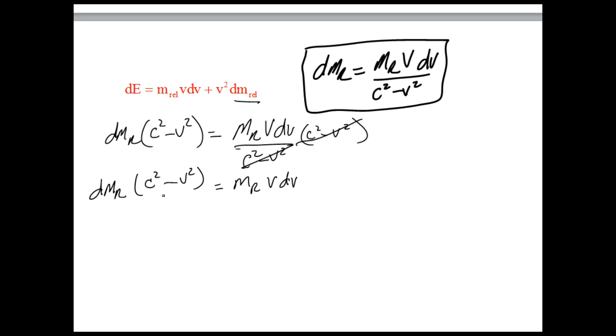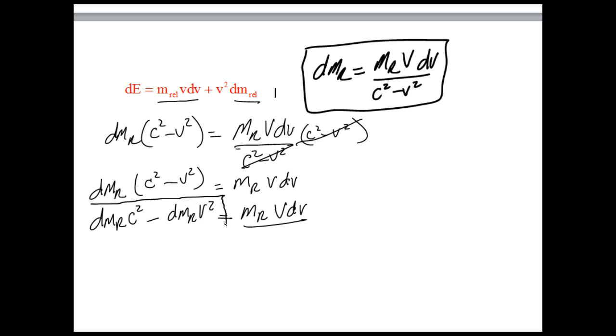Then I multiply it through by this. That gives me change in relative mass times c squared minus change in relative mass times v squared is equal to relative mass times v times dv. And v dv, change in relative mass v dv, is located right here. So I just take this part right here and plug it into that equation and substitute it for that.